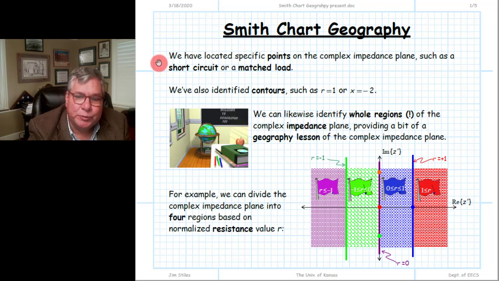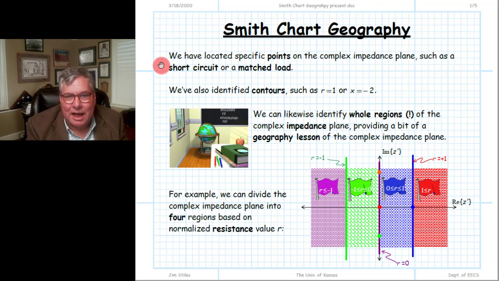What we're going to do is divide up the complex impedance plane, the normalized plane, into four regions. We can think of these as four kingdoms, or four states, or four provinces, or four commonwealths, each with a boundary associated with them, or maybe two boundaries, and define them based on something to do with their impedance, either the real part or the imaginary part, the resistance or the reactance.